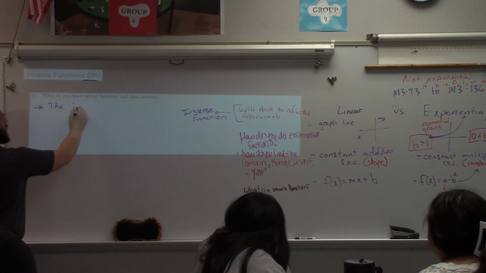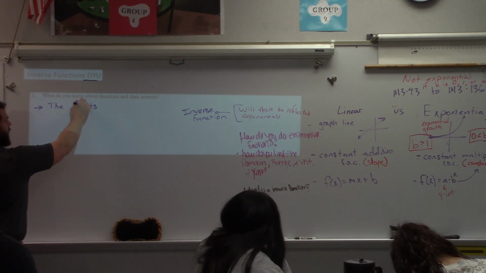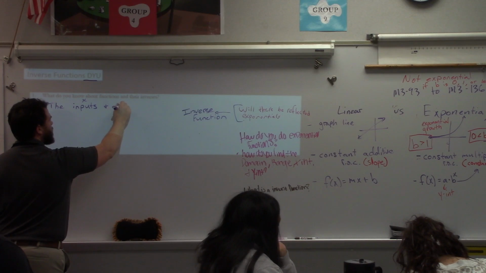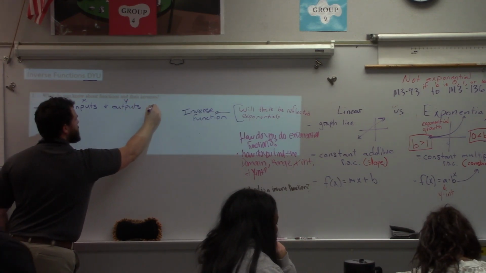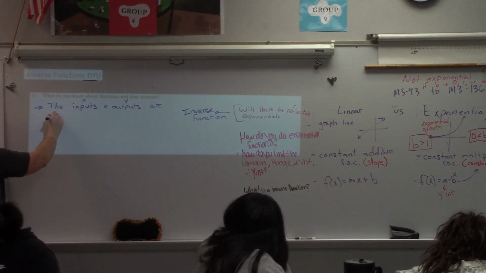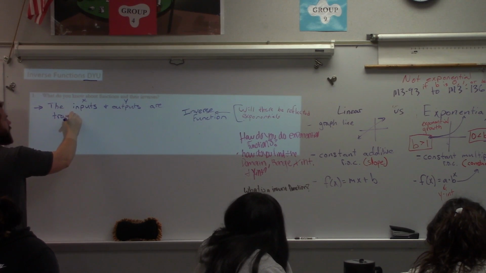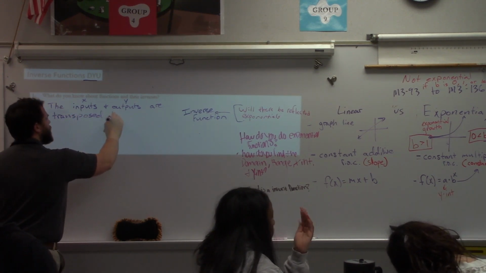The inputs. By the way, which variable is our inputs? X. And outputs, my y, are what? Switched. I need a more mathematical term. Transposed, right? Yes, they're switched, but the mathematical term is they are transposed. But why?